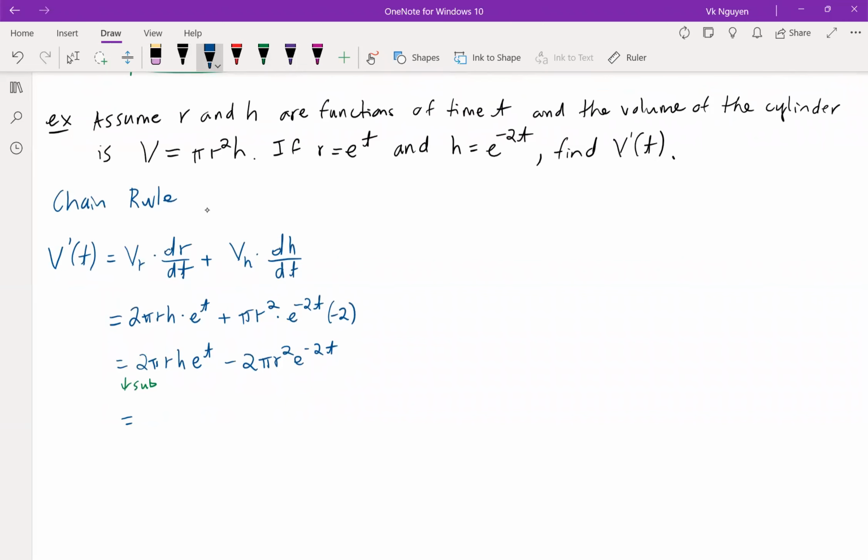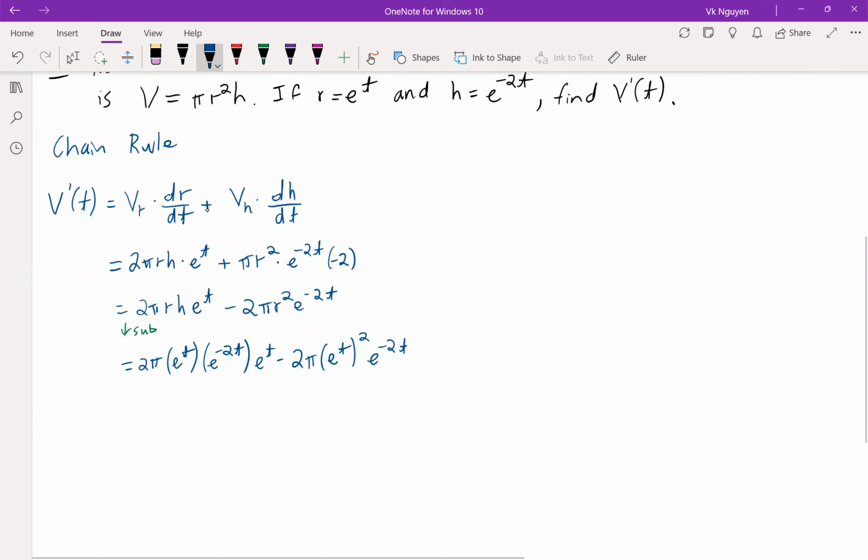Now see what we have: 2 pi, r is e^t, h is e^(-2t), times e^t, minus 2 pi e^(2t) e^(-2t). So we have 2 pi minus 2 pi. Everybody say that they are the same, right? Zero.